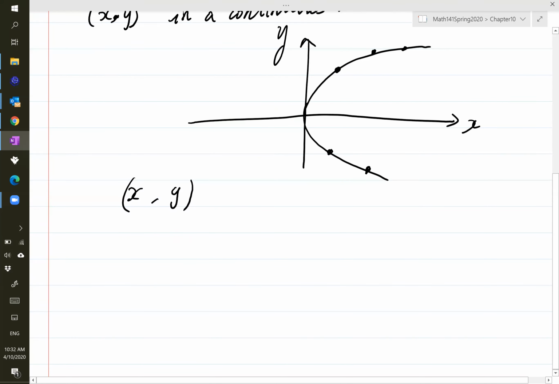In certain cases, the relation between x and y can be given directly, or explicitly.